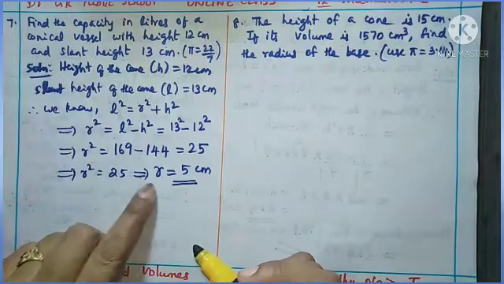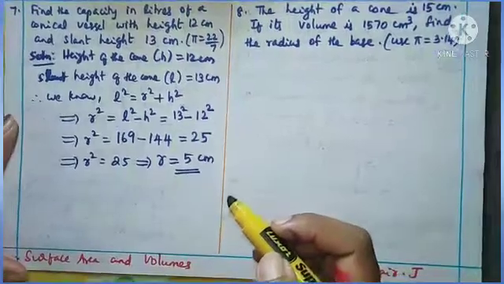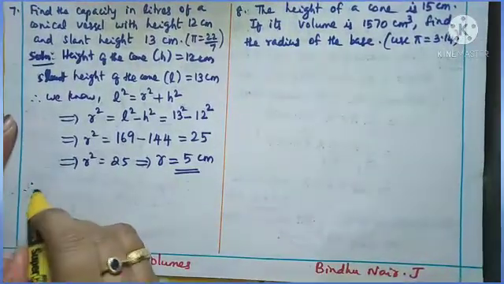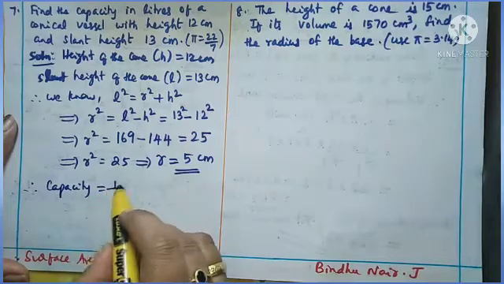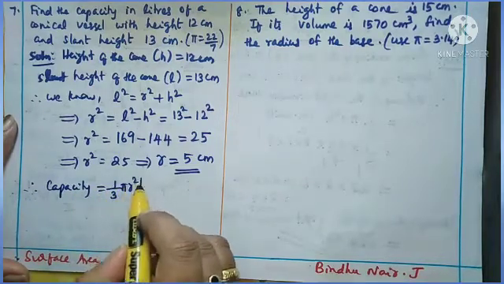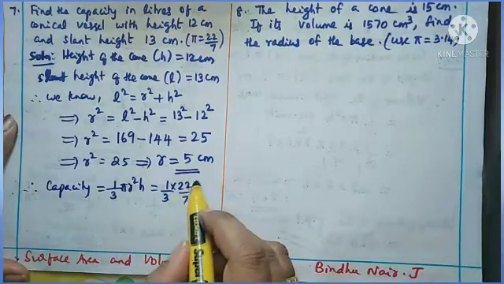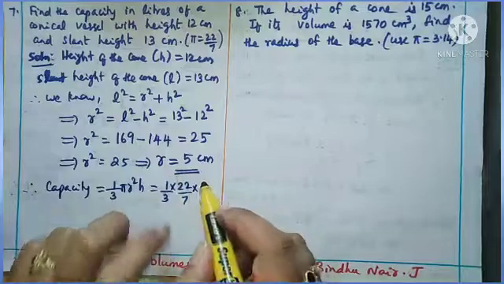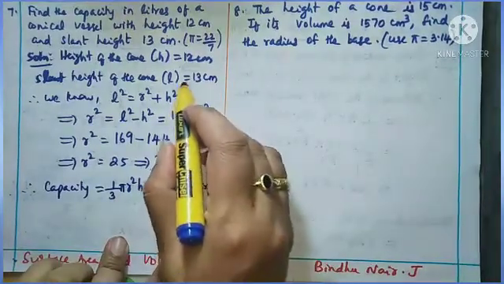So we got the radius from this relation. Now we need to find the capacity. Write the formula 1 by 3 pi r square h. Put the values: 1 by 3 into 22 by 7 into 5 into 5 into h, which is 12.